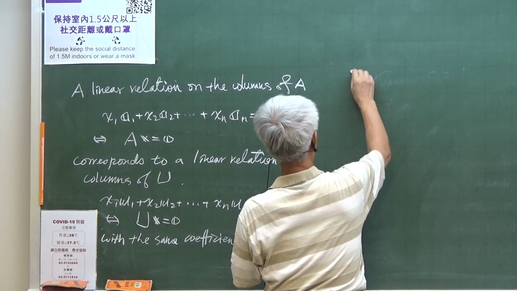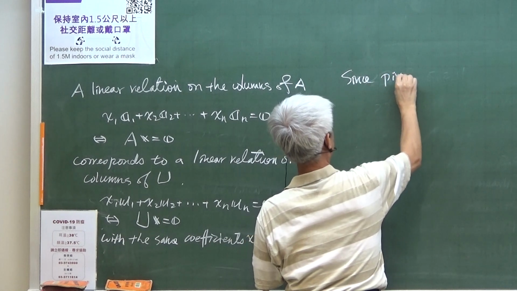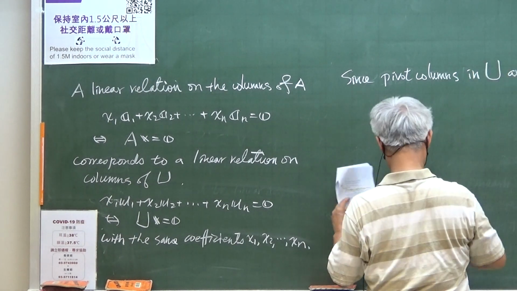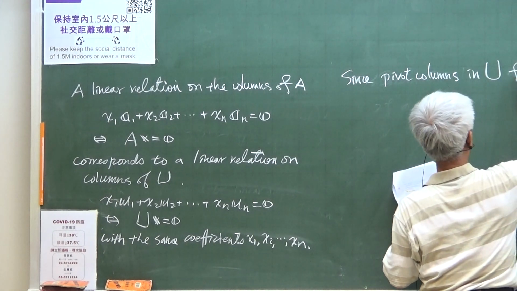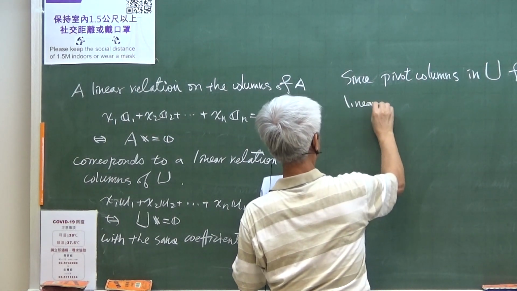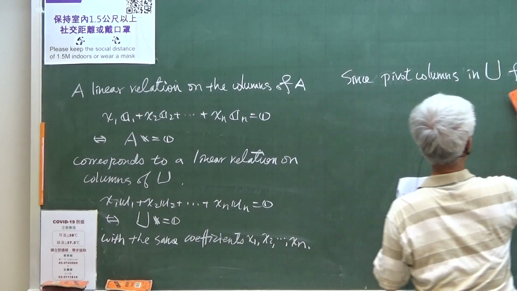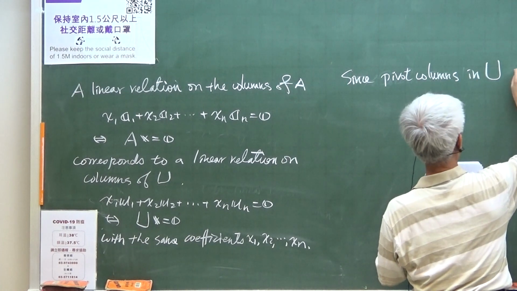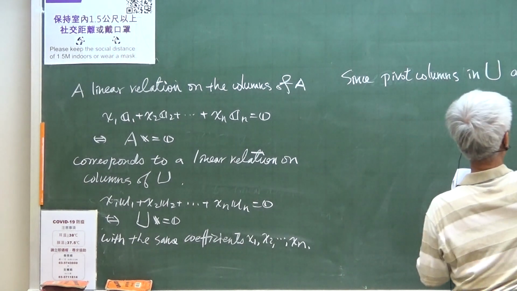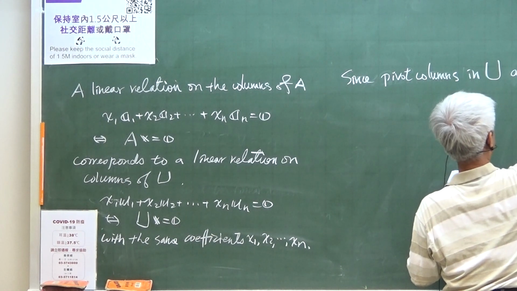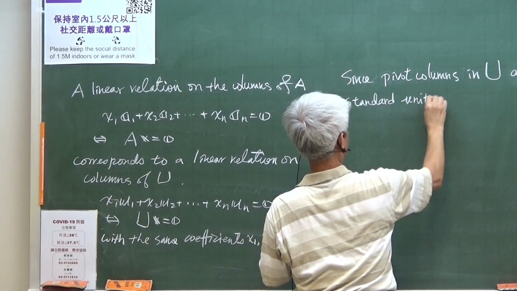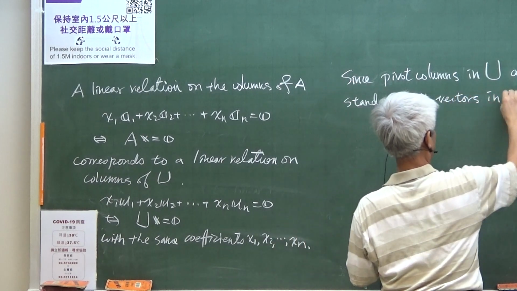Now, since pivot columns in U form a linearly independent set, since pivot columns are distinct standard unit vectors in Rm.